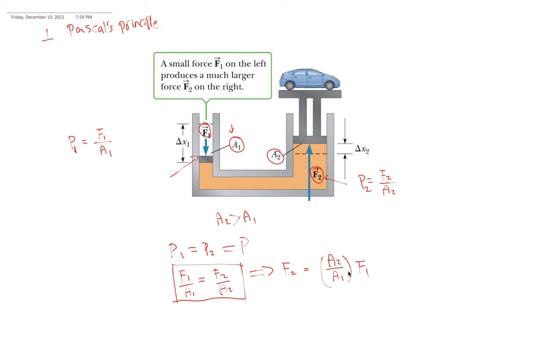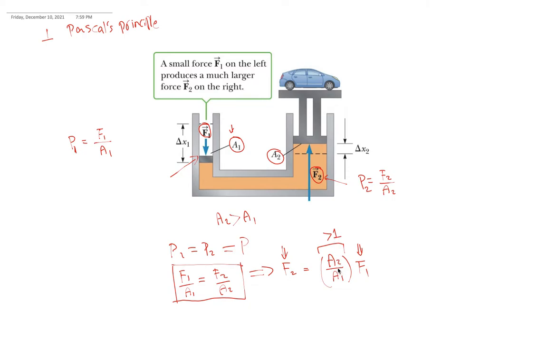Now this equation states that if you apply a force F1 on a smaller surface, the force F2 will be larger if A2 is larger than A1, because A2 over A1 will be bigger than 1.